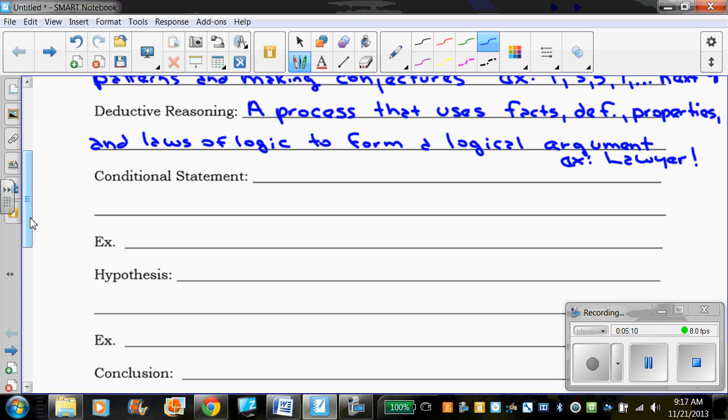Conditional statement. A conditional statement is a type of logical statement that has two parts, a hypothesis and a conclusion. So let me just write that definition down.